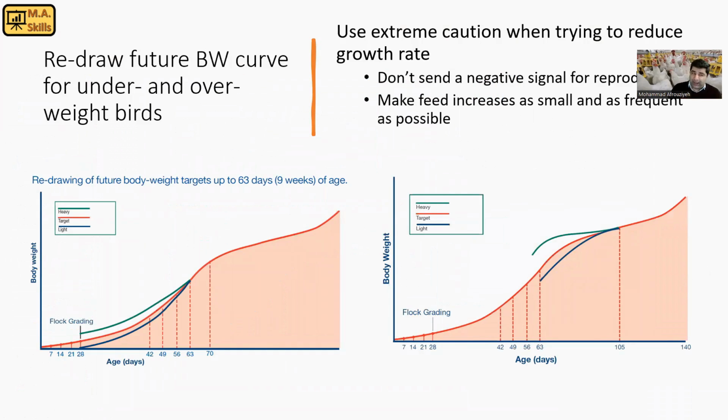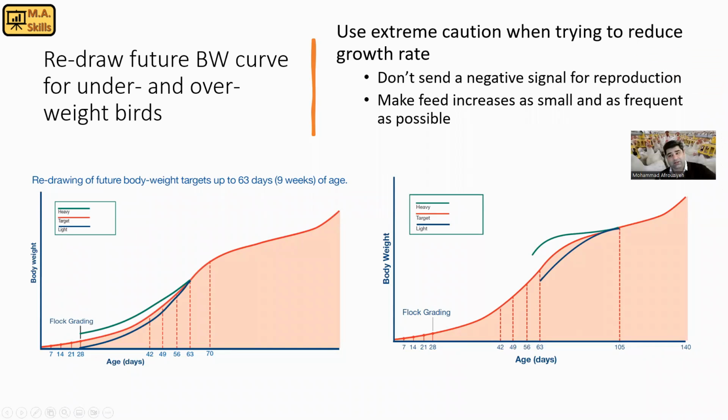I'm going to come back to our previous discussion, redrawing future body weight curve for underweight and overweight birds. As I said, it's really important. And I showed you these figures.